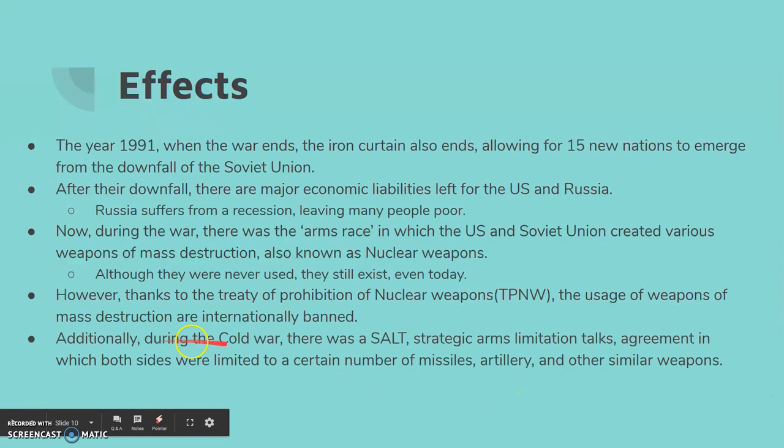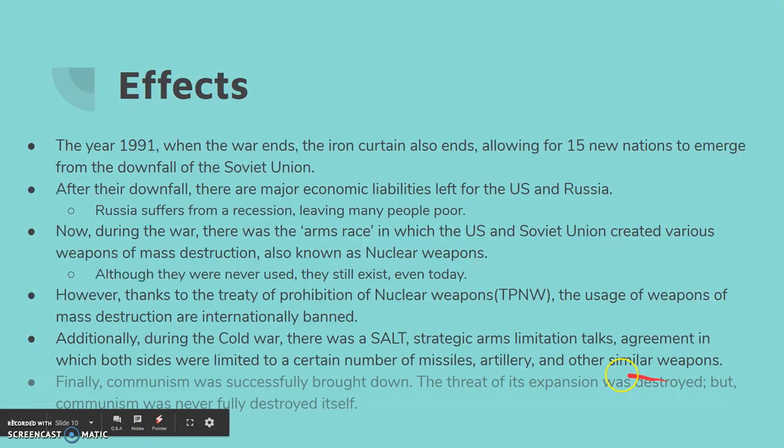And then, additionally, there were another two agreements, SALT I and SALT II, which stands for Strategic Arms Limitation Talks, agreed in limiting the number of missiles, artillery, and other weapons. And then finally, communism was successfully brought down.